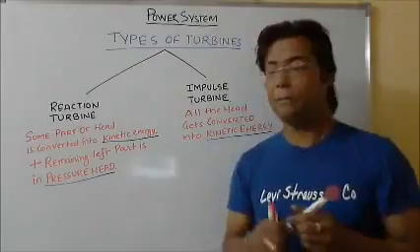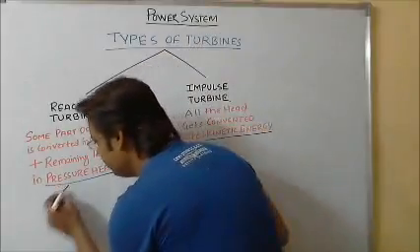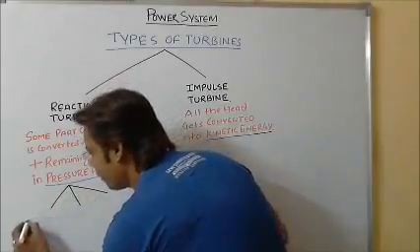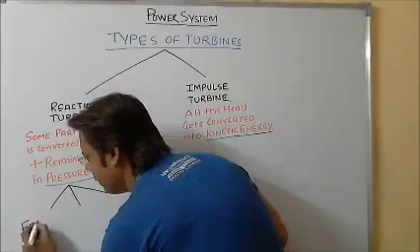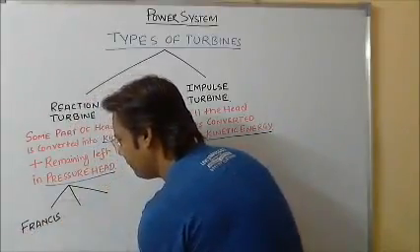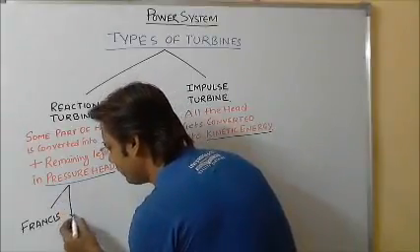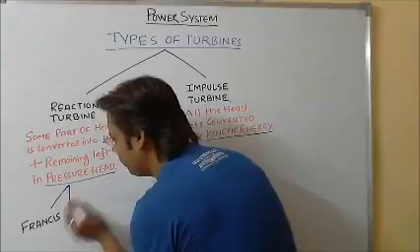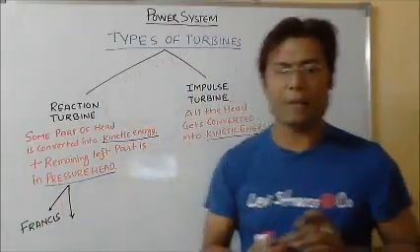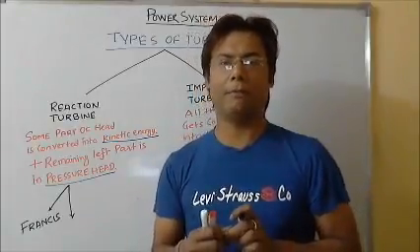In the reaction type we have three different types. One is called the Francis type of turbine, another is called the propeller type of turbine, and the third is the Kaplan type of turbine.